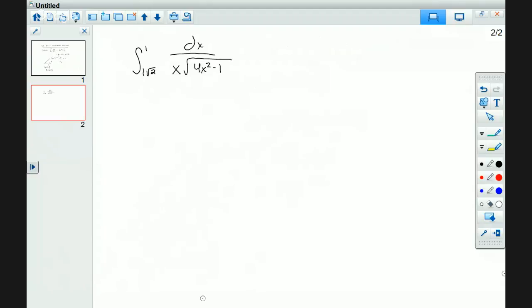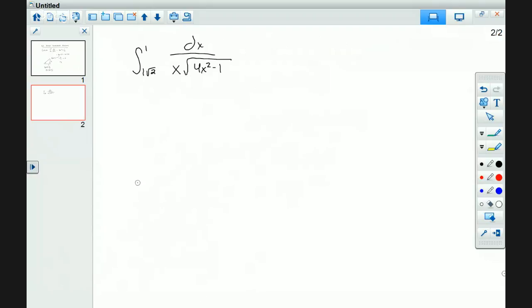Does that match any of the inverse trig functions that we have on our list? No, it doesn't. But it's very similar: 1 over the square root of something. Is there a way we can make it one of those?